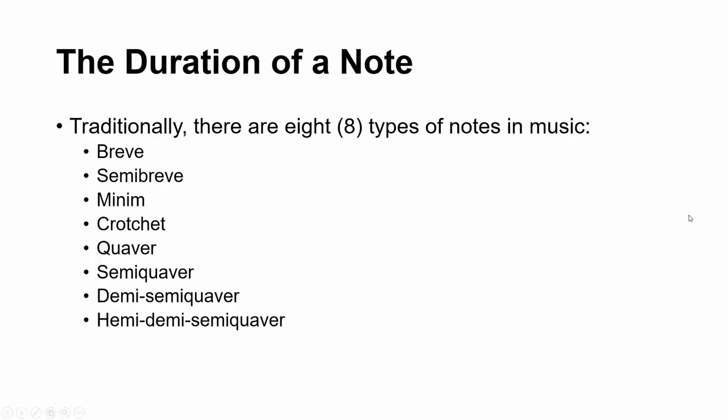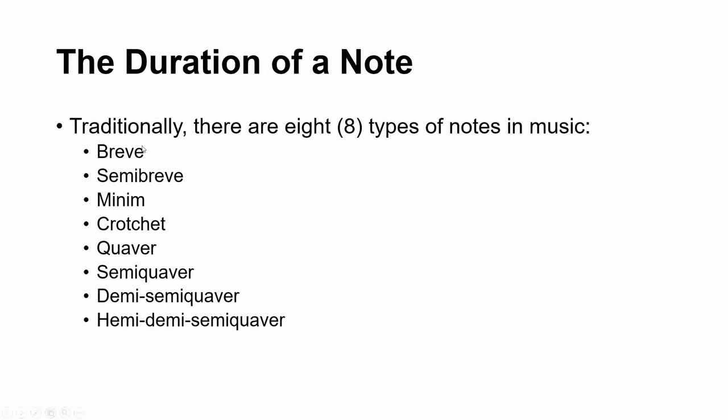All right, so now let's go look at the duration of a note. How do we know how long a note lasts? Traditionally in music, there are 8 types of music notes. They're called the breve, the semi-breve, the minim, the crotchet, the quaver, the semiquaver, the demi-semiquaver, the hemi-demi-semiquaver.